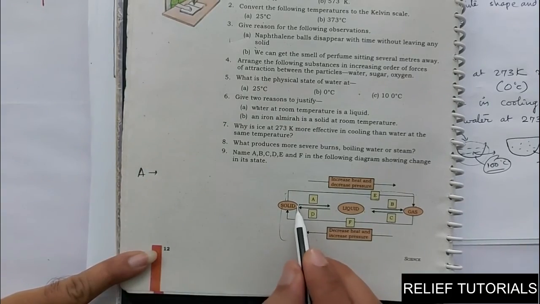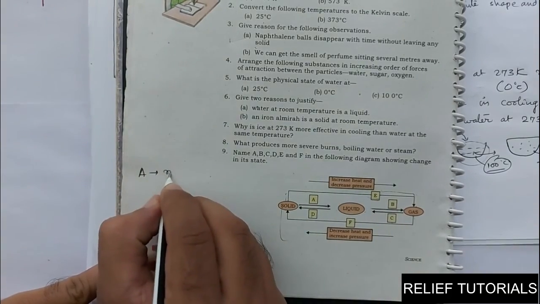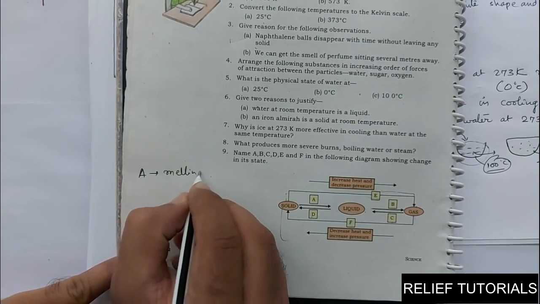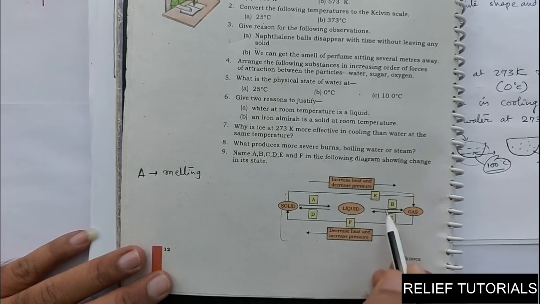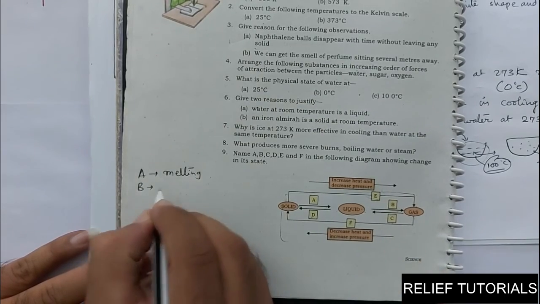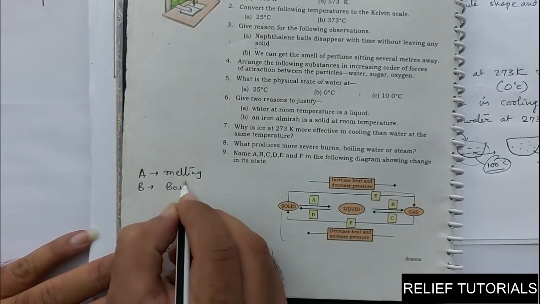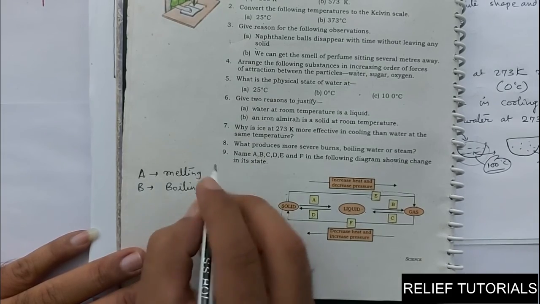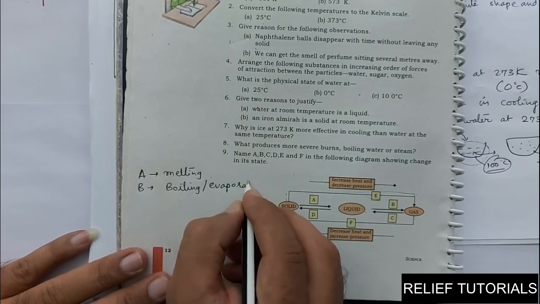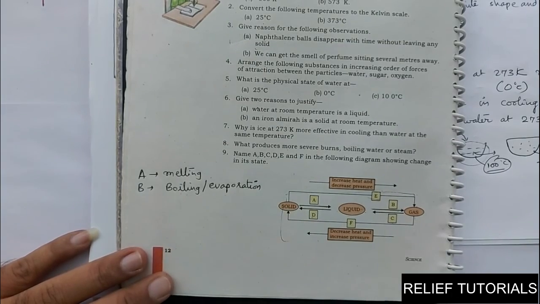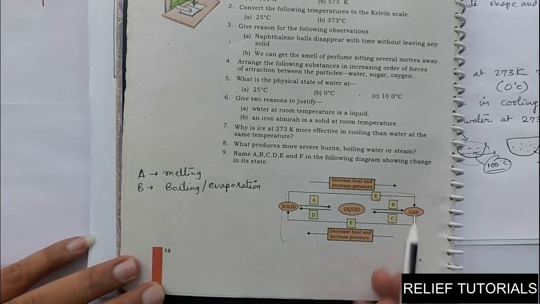So what is A? Solid to liquid. So I think A is nothing but the melting process. Liquid to gas, B. So B is called boiling, and I think you should know now that it is also called evaporation. So B is boiling or evaporation.